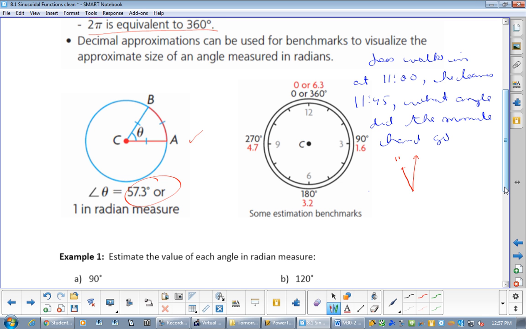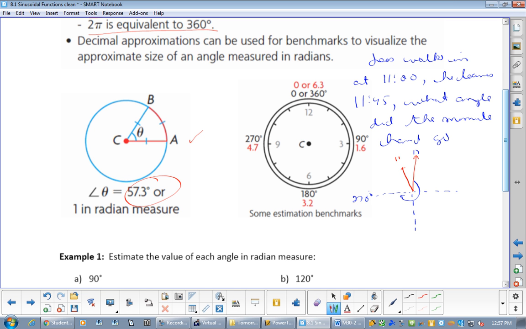Now, this hand is going to go clockwise, hence the name. How many degrees do you think it would have to go? It would go 90, 180, 270, right? Does that make sense?